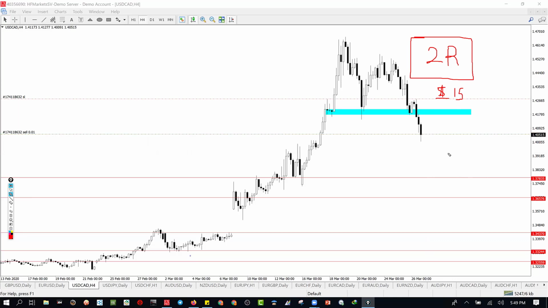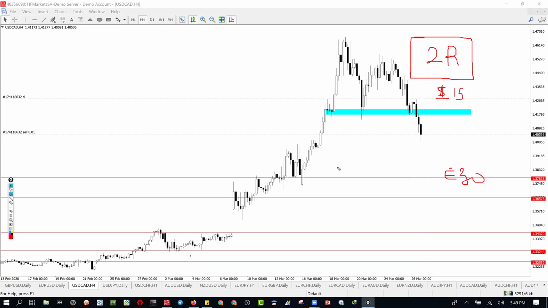So what would be times 2 of my risk? $30. Yes, good. So the times 2 here must be $30, 30 euro, or maybe $30.